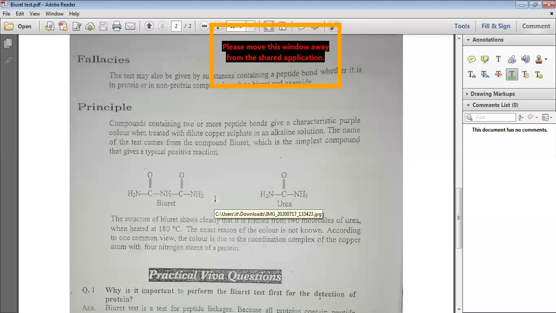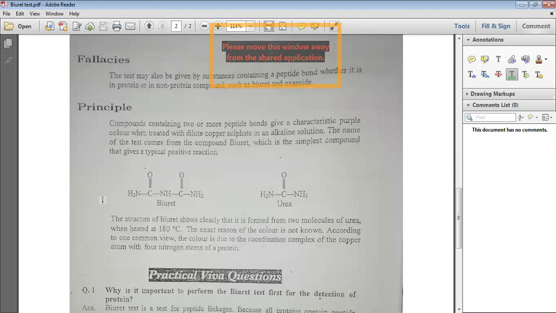Because the biuret compound has the peptide bond, and when we add the copper sulfate in the solution, the cupric ion would bind with the biuret compound. When cupric ion binds with the peptide bond which is present in the biuret, it would make a complex and its color will appear in the test tube and we can detect it.